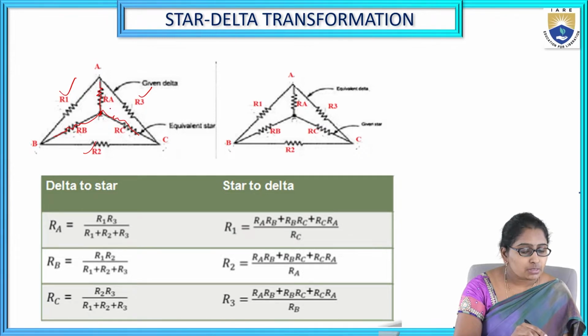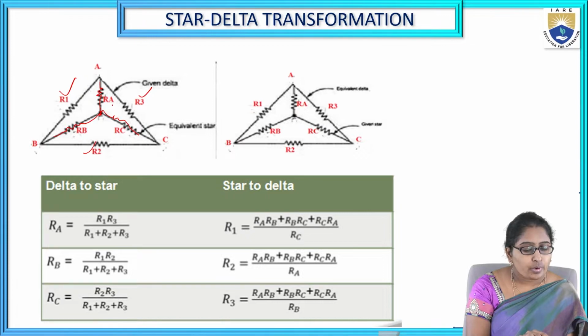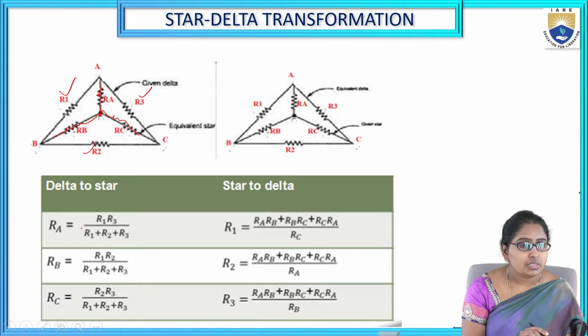To get RA, the star network resistor which is in between the delta elements R1 and R3, look here in the table: the product of the two adjacent delta elements over the sum of the three delta elements. So RA is R1 R3 over R1 plus R2 plus R3.